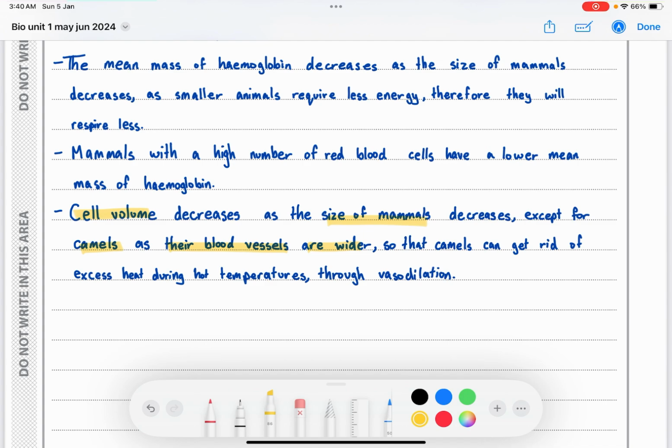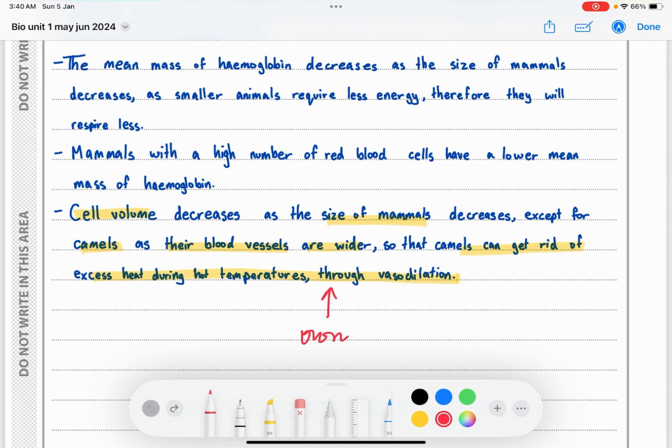This is so that camels can get rid of excess heat during high temperatures through vasodilation. Again, this is from own knowledge. I'm so sorry, my writing is so sloppy right now. I apologize.